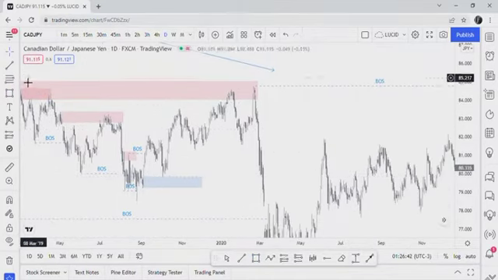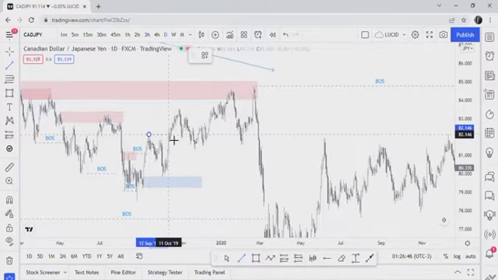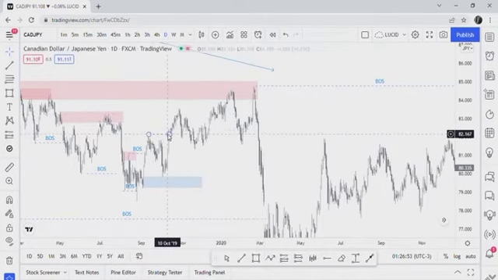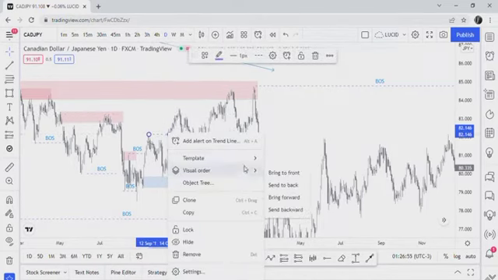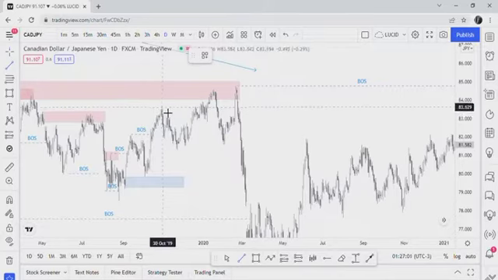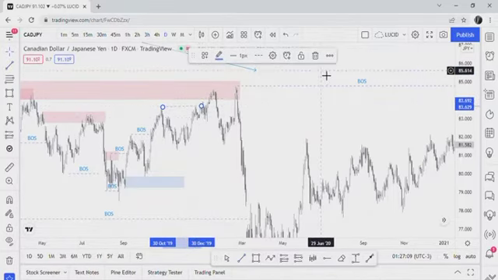But from here, demand started holding and supply started failing.